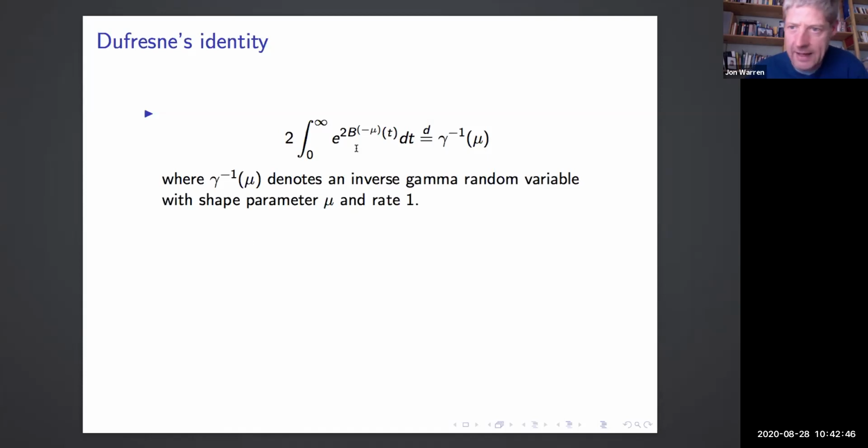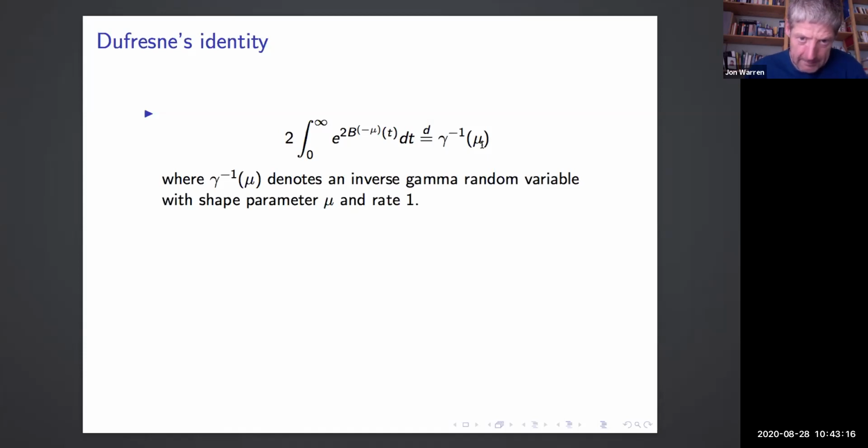This does not go back completely into the mists of time. Instead of the maximum of a Brownian motion with drift, you're looking at the integral of the exponential of a Brownian motion with drift. The distribution that appears is the reciprocal of a gamma variable, and that's known as Dufresne's identity.